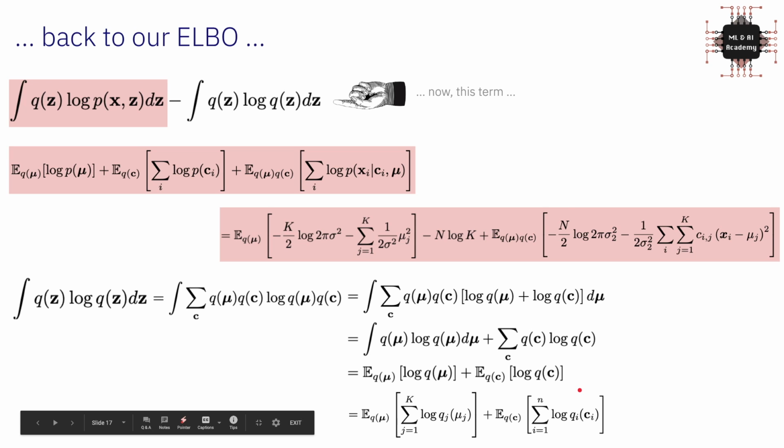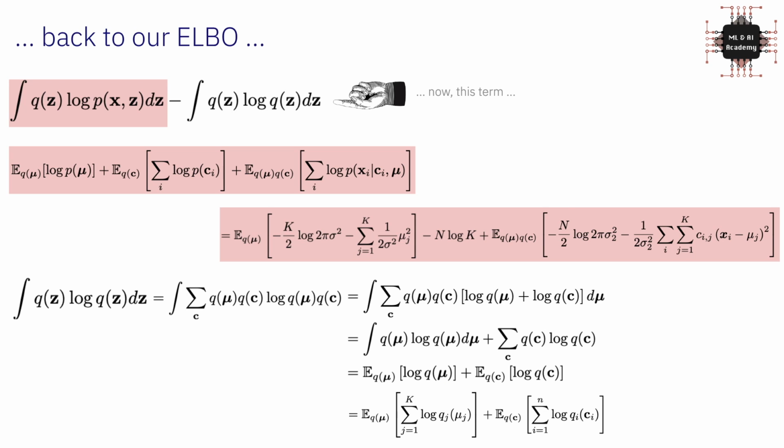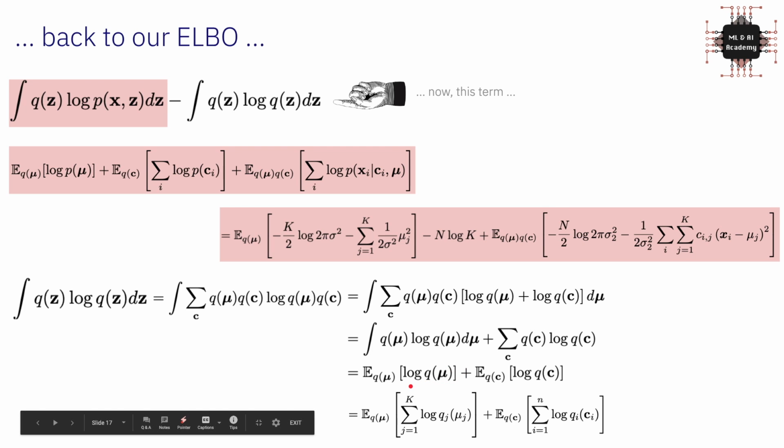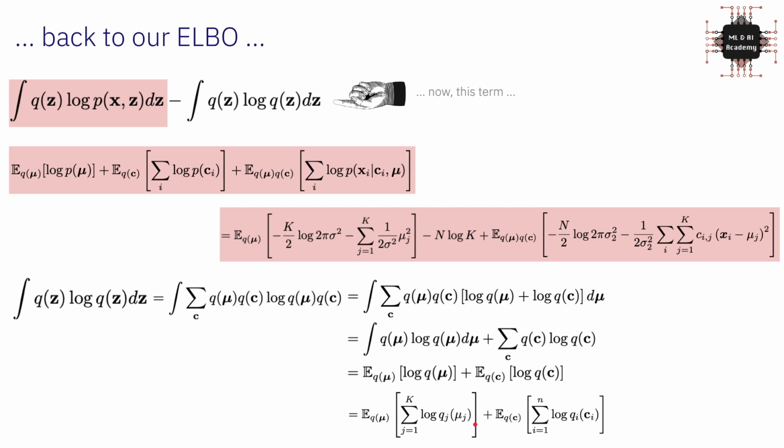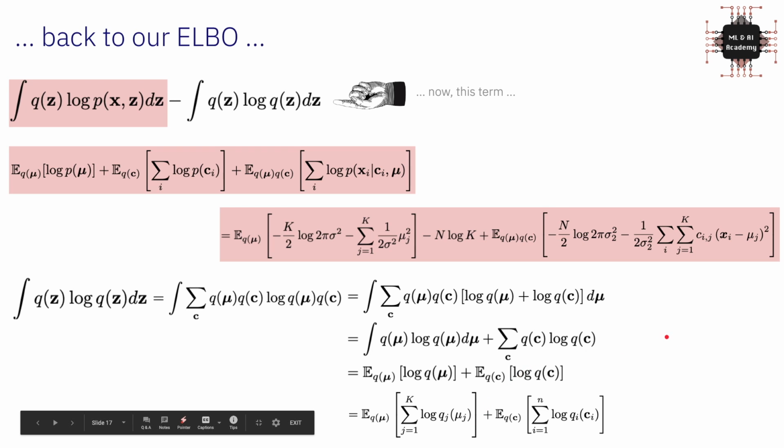Remember, we had a mean field variational approximation where we said that q of mu1 up to mu k is the product of q of mu1 times q of mu2 up to q of mu k. And then we said that q of c is again the product from q of 1 up to q of n. And also remember that we said that these q of mu's are parameterized, and now we want to maximize the ELBO such that we find the value of the unknown or free parameters.